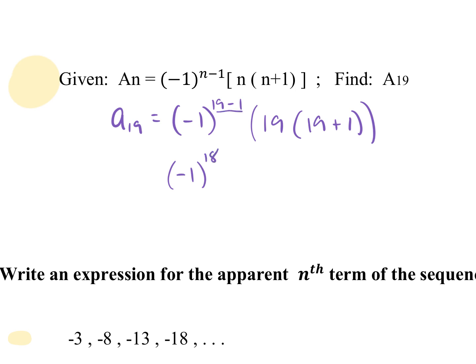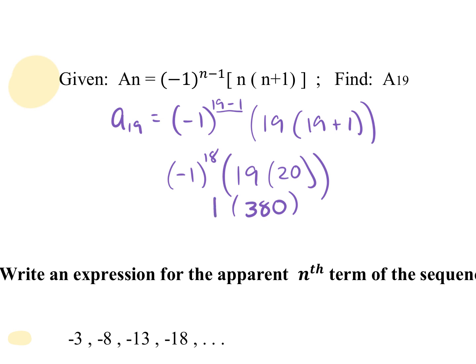So 19 minus 1 would just be 18. I have 19 times 20. What would I do next? 19 times 20. So that would be 380. And then negative 1 to the 18th power would be 1.